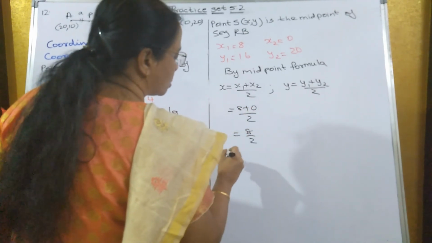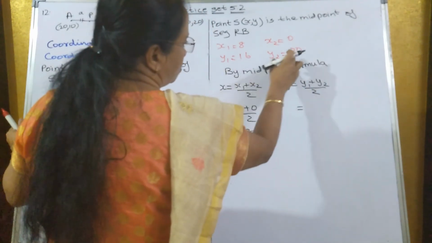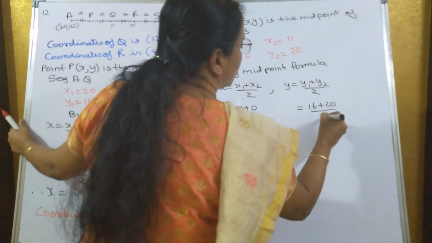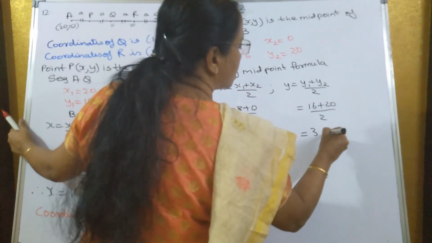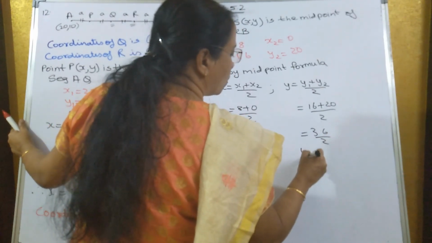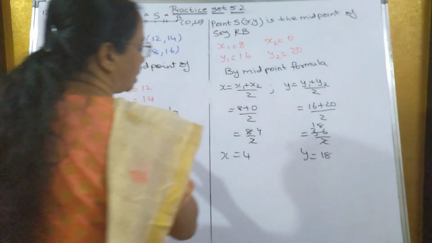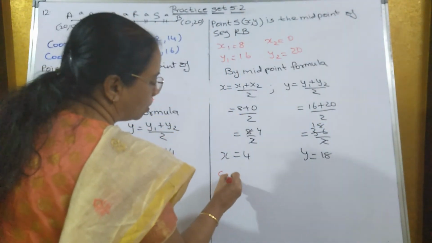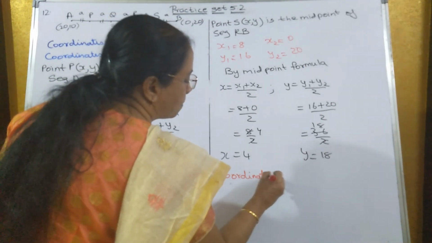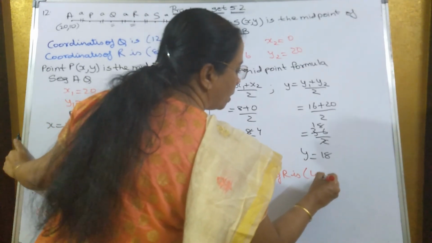So x is equal to 4. And y is equal to what? 16 plus 20 upon 2, that's equal to 36 upon 2. Therefore y is equal to 18. So coordinates of S is 4 and 18.